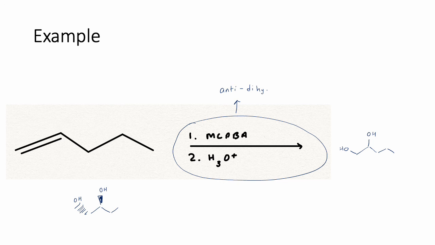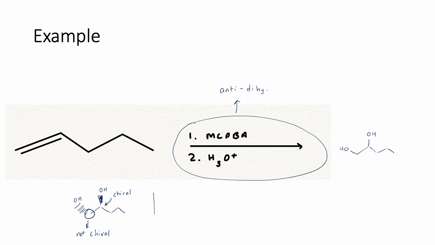But this is actually not the correct answer. In fact, this carbon right here is not chiral. So you don't need to show the dashes and wedges on that carbon. However, this carbon is chiral, so you do need to show the dashes and wedges on that carbon.